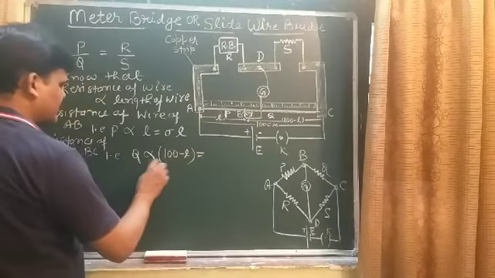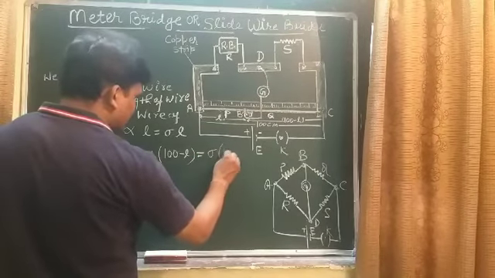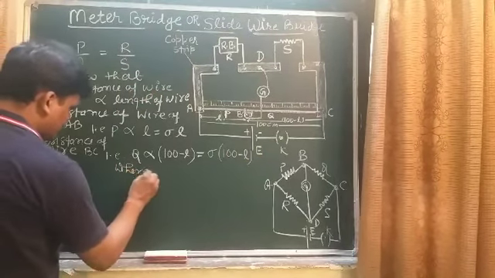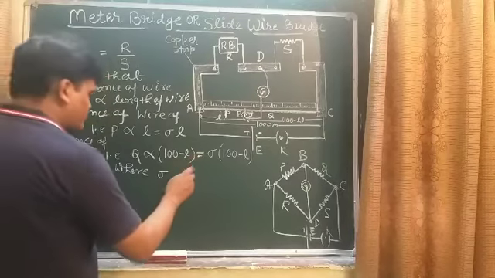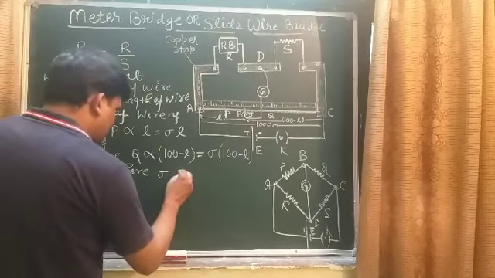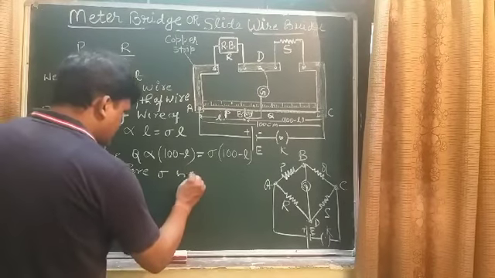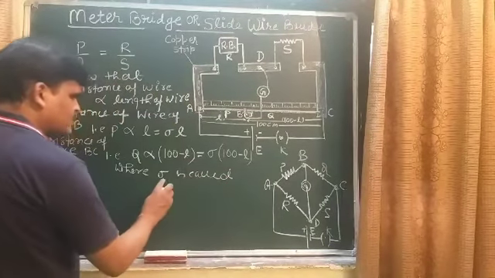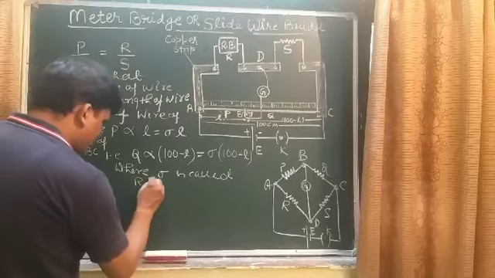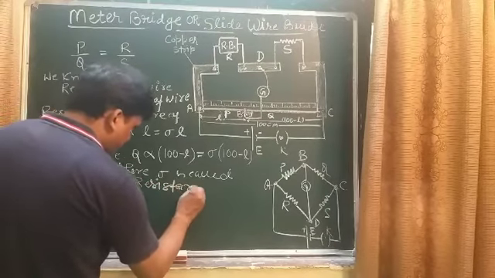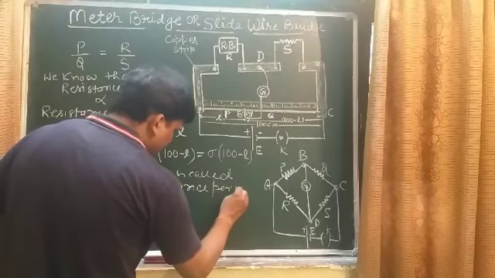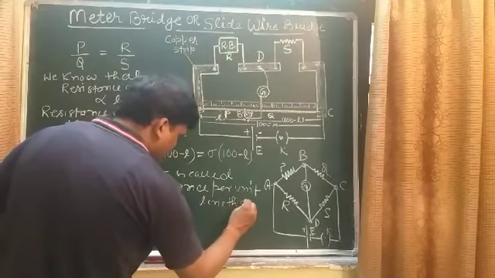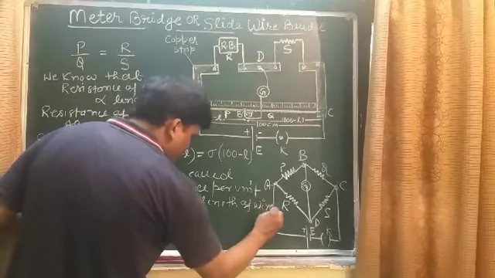Again, removing the proportionality constant, it comes out to be Q equals sigma times 100 minus L, where sigma is a proportionality constant, called the resistance per unit length of wire.